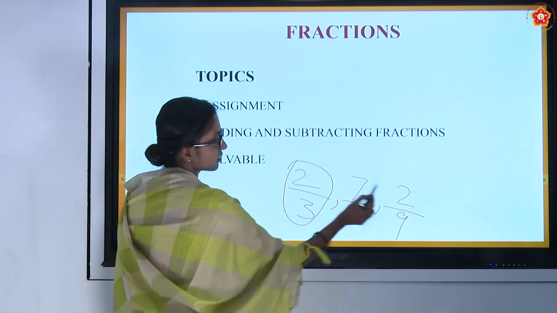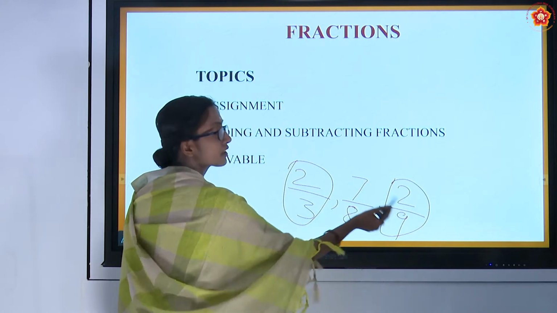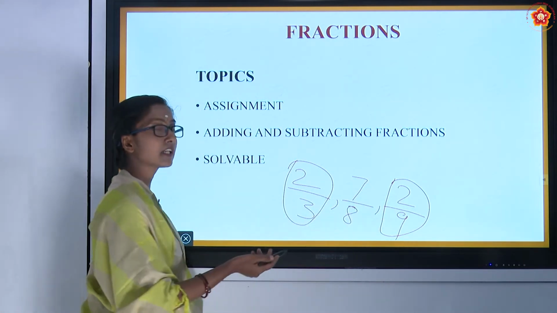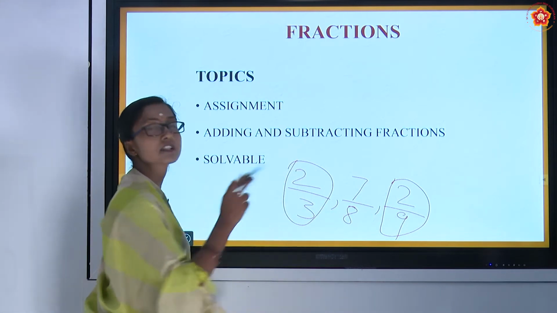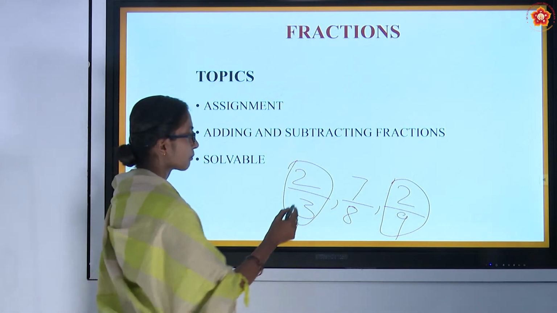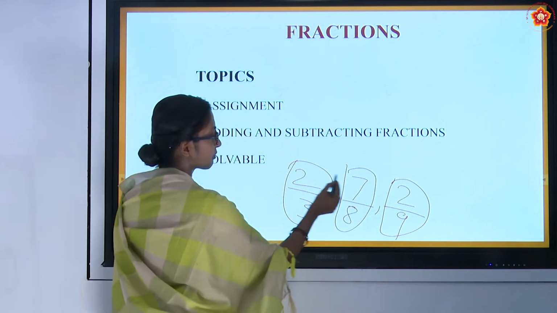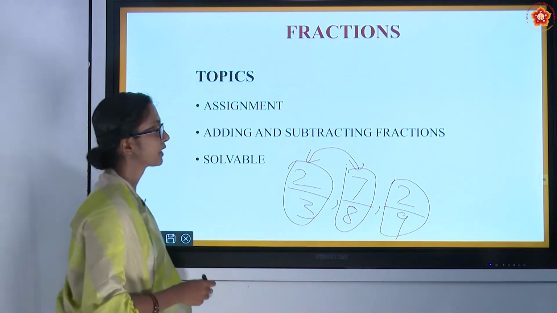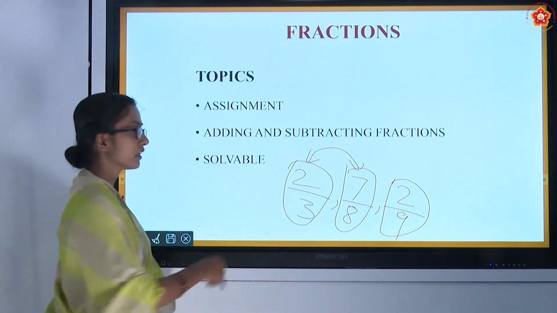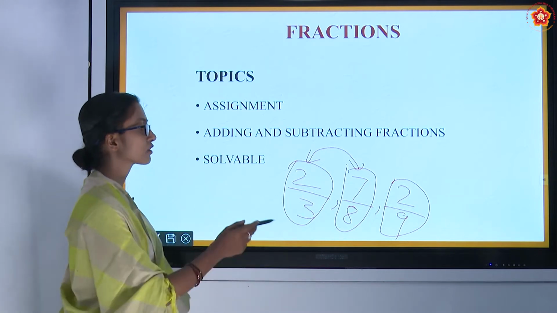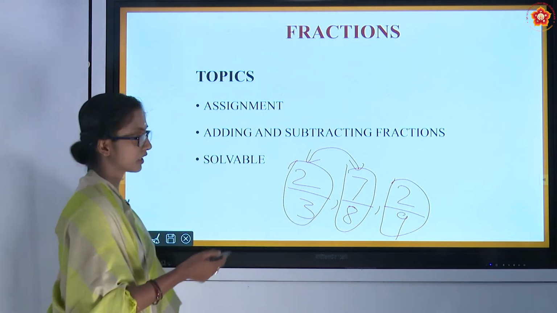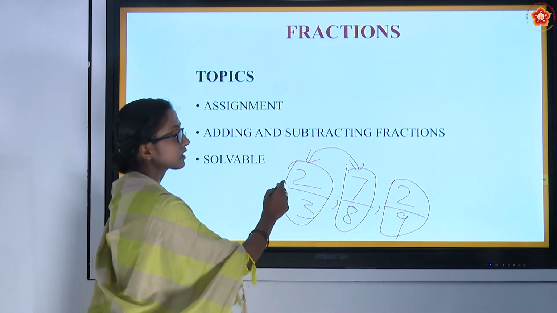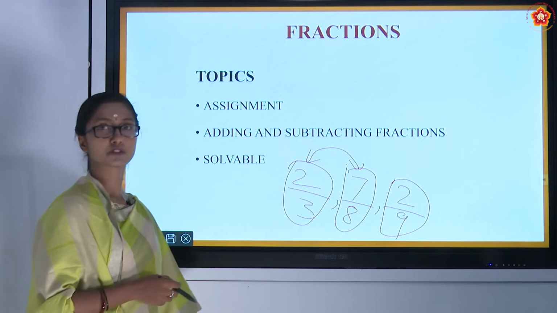Observe this one and this one: they have the same numerator but different denominators, so we can consider them unlike fractions with the same numerator. If we compare 7 by 8 and 2 by 3, the numerators are different and the denominators are also different. These can also be considered unlike fractions, even with different numerators. Fine.